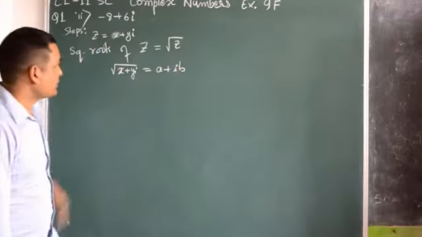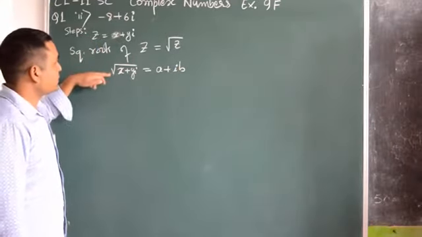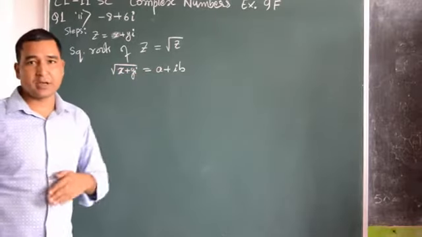First step, consider your equation: the square root of your complex number equals a plus ib.